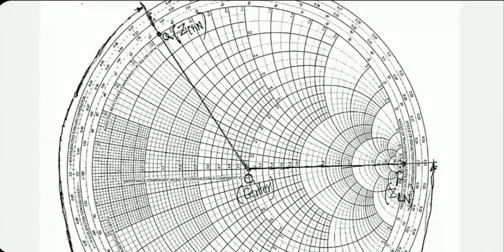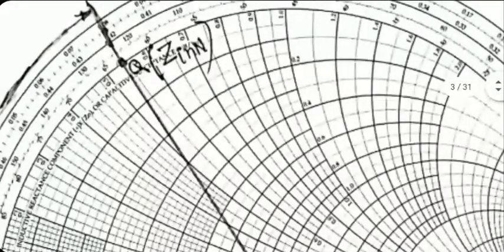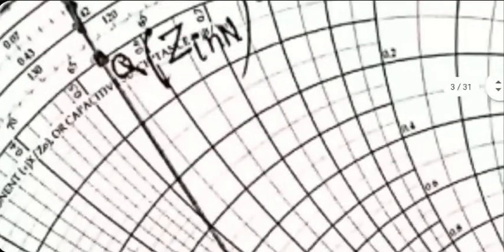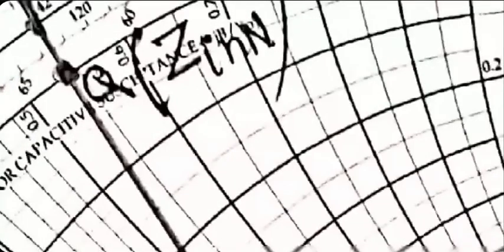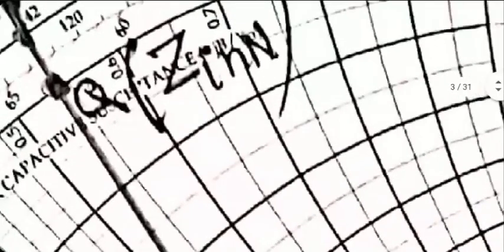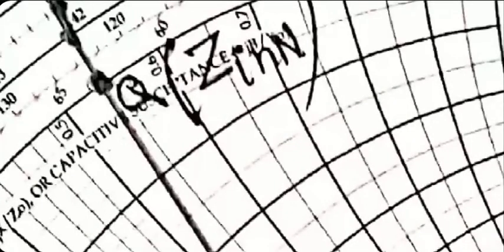For figuring out the imaginary part, you see out of these circles, which circle, obviously one of them is, it's very difficult to read it here. I think one of them is 0.6 and the other one is 0.5. So in between somewhere is the X in normalized value.